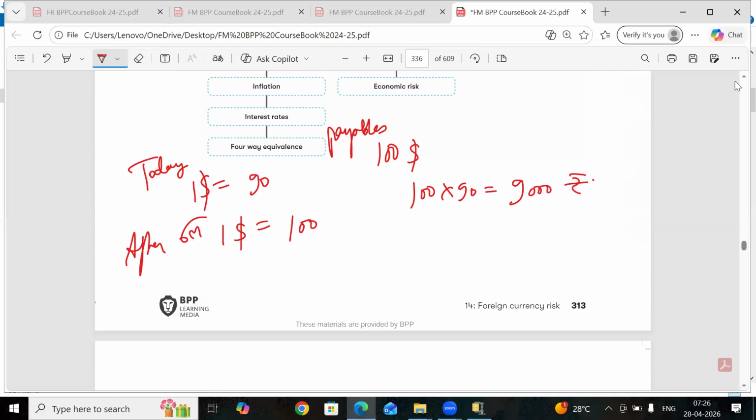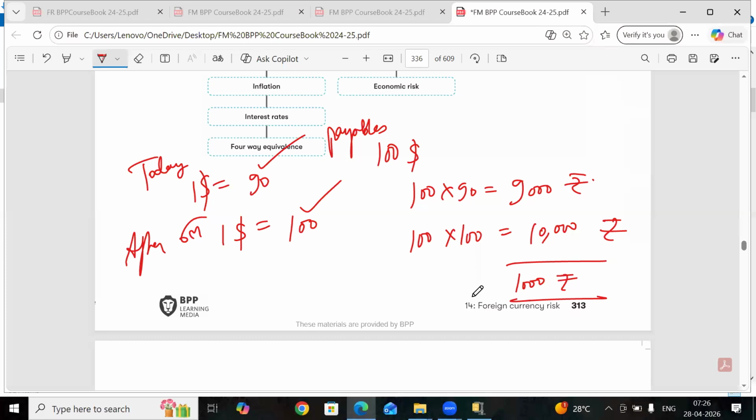When I need to pay someone who is in the US, I need to buy dollars. Today, if I had bought dollars, it was costing me 90. After 6 months, it is costing me 100. So I'm ending up paying 1,000 more. So this is a loss.